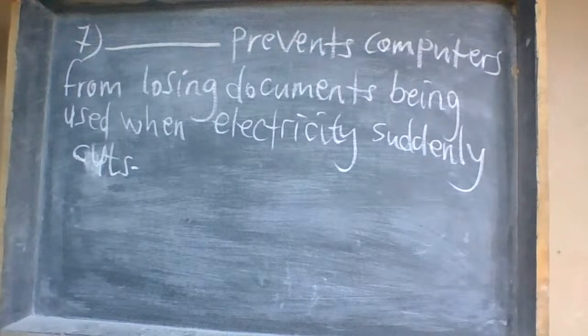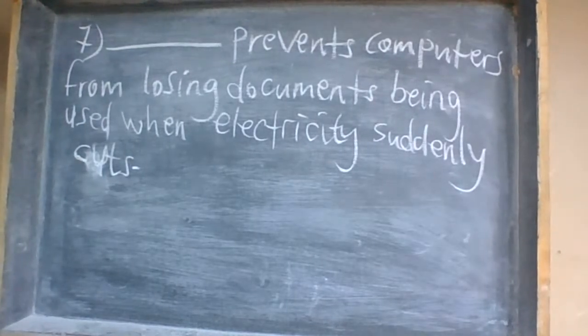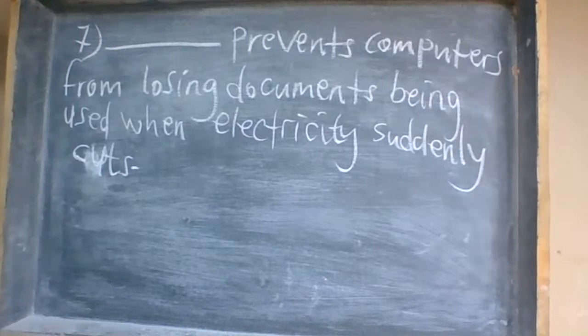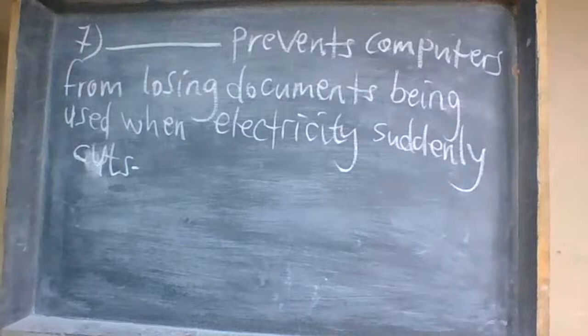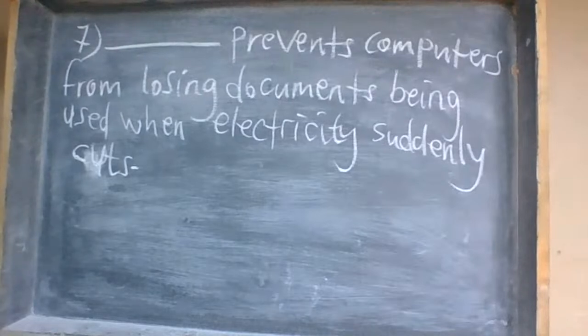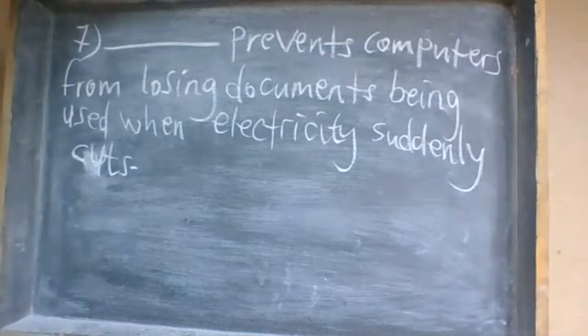You find that electricity suddenly goes and your computer doesn't even have a battery, so it switches off. But how do you retrieve that information that you were working on? So we have what we call uninterruptible.